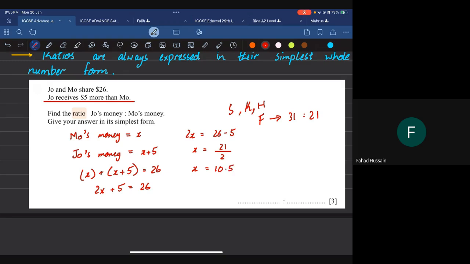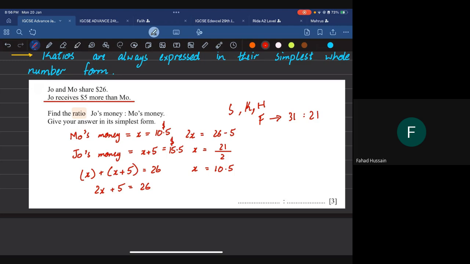All right. Now 10.5 is going to be your answer for the amount of money Mo is receiving. So this is Mo's money, which is $10.5. How much would Joe receive? Joe would obviously receive 5 more than that, so it's going to be $15.5 for Joe.